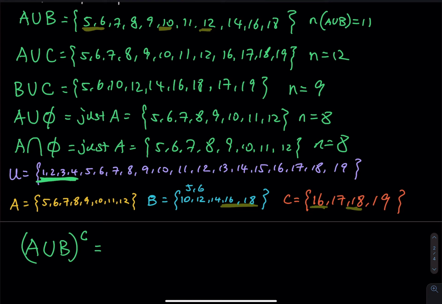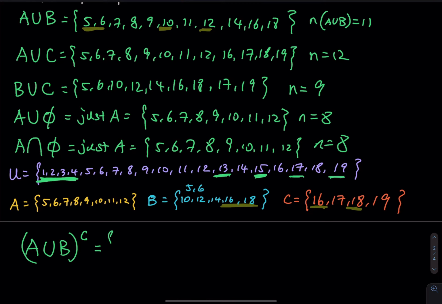So you have 1, 2, 3, 4, and then 13. That is not in A union B, right? And then 15. And then 16 is there, 18 is there, so 17 and 19 then.